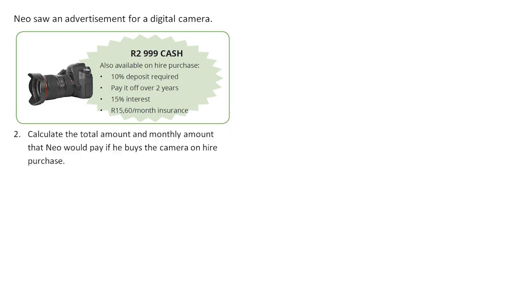The second part of the problem asks us to calculate the total amount and the monthly amount that Neo would pay if he buys the camera on hire purchase. We begin by calculating the total amount that he would pay.